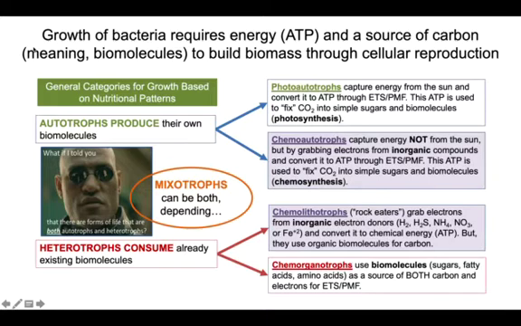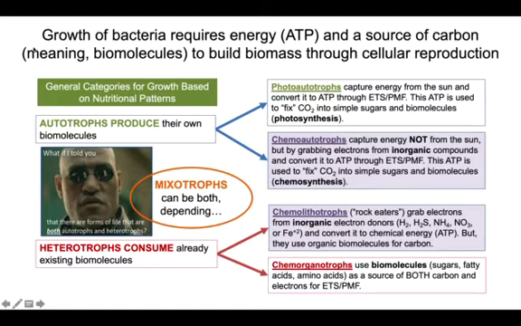If you look at chemistry, inorganic compounds, they will take that inorganic compound and convert it into ATP. And then the ATP from there is going to be used to pluck that carbon from carbon dioxide and make simple sugars. Okay? This process done by chemoautotrophs is known as chemosynthesis.